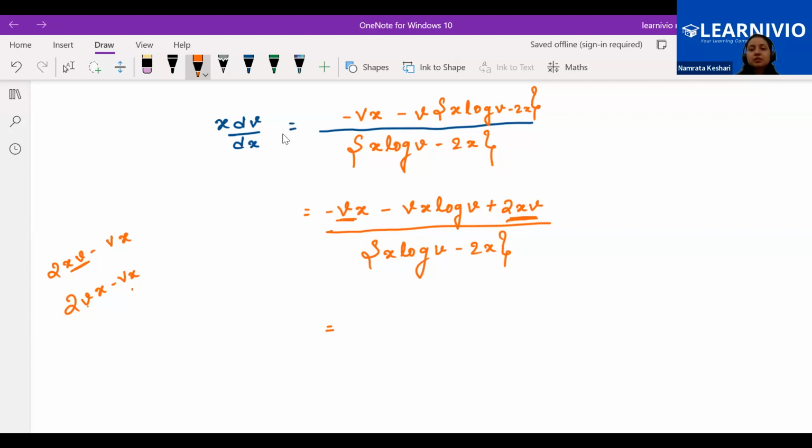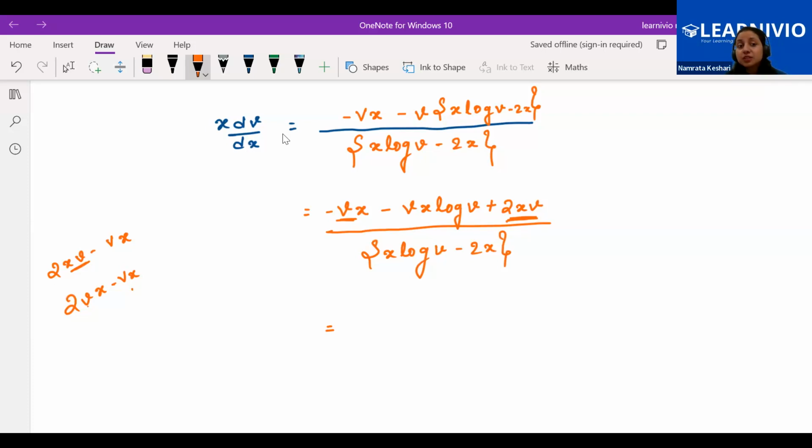Two vx minus vx will be, 2y minus y will be, we can do the subtraction. That's what I'm trying to say over here.